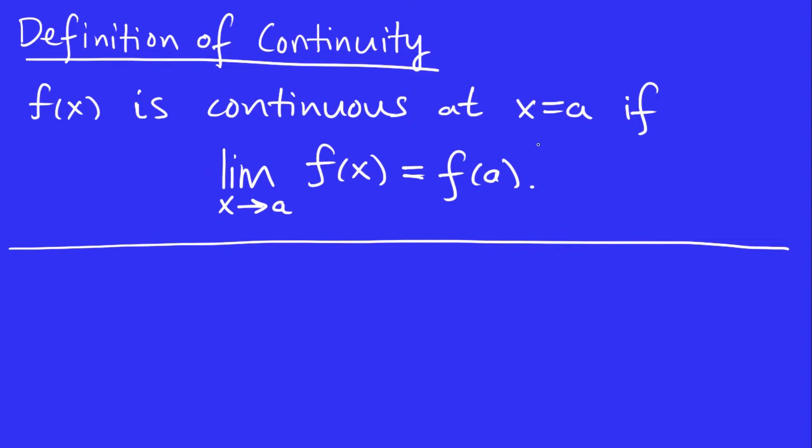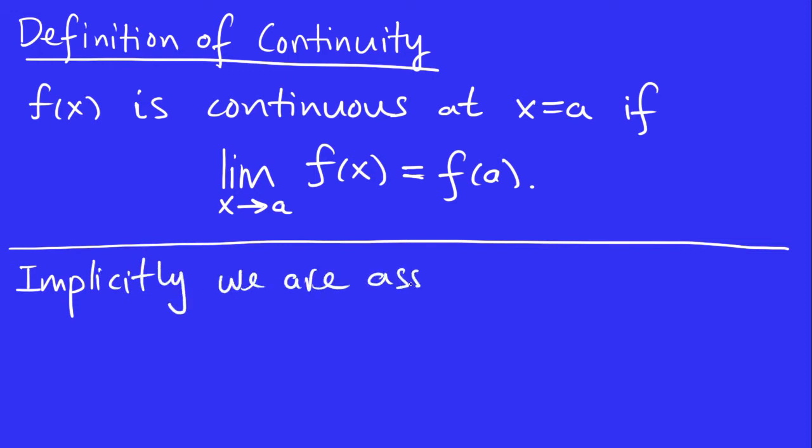The first thing to know is that implicitly, in other words, we're not even saying it, but it's assumed to be true. So I think it's necessary that we bring it out and say exactly what it is. Implicitly, we are assuming two things. First of all, we're assuming that f of a is defined, right?